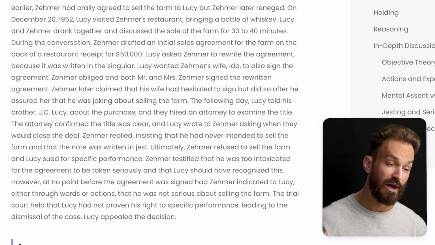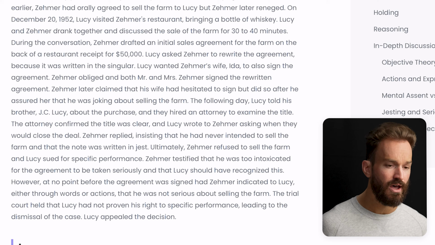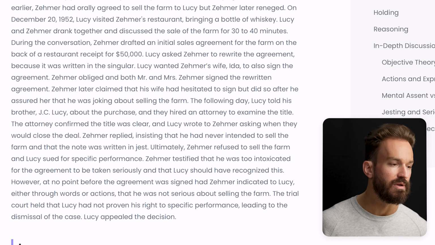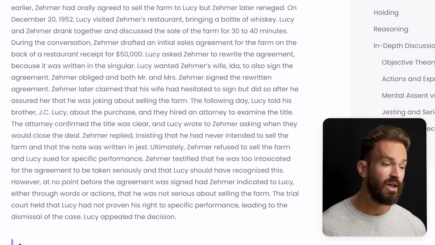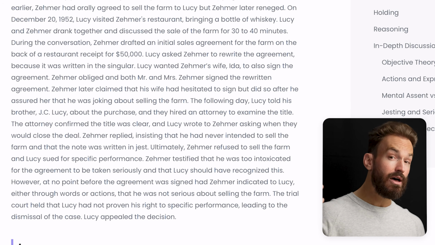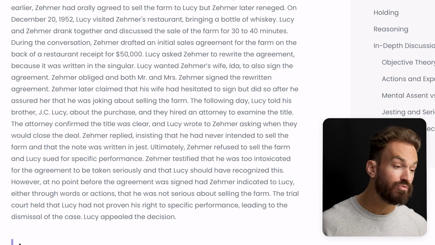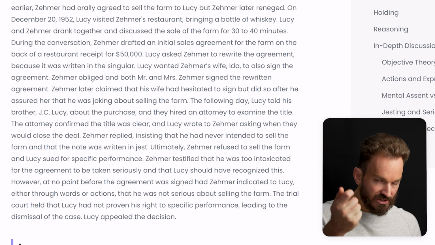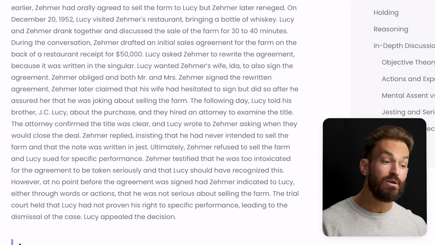Lucy visited Zehmer's restaurant, bringing a bottle of whiskey. Lucy and Zehmer drank together and discussed the sale of the farm for 30 to 40 minutes. During the conversation, Zehmer drafted an initial sales agreement for the farm on the back of a restaurant receipt for $50,000. Lucy looks at the receipt and asks Zehmer to rewrite the agreement because it was written in the singular.